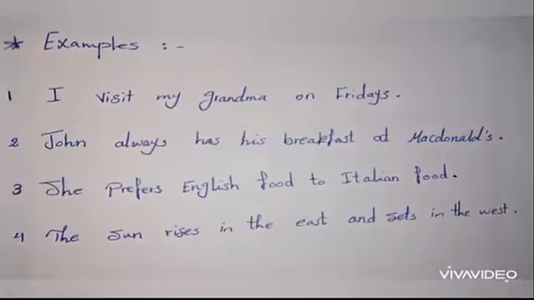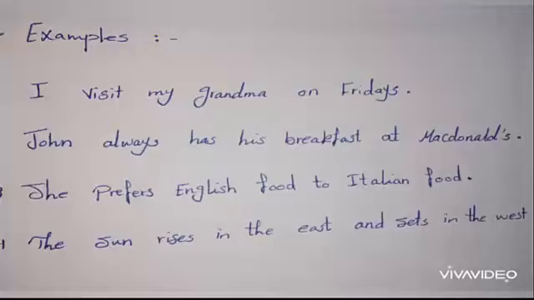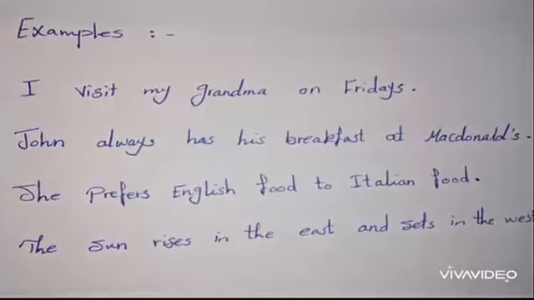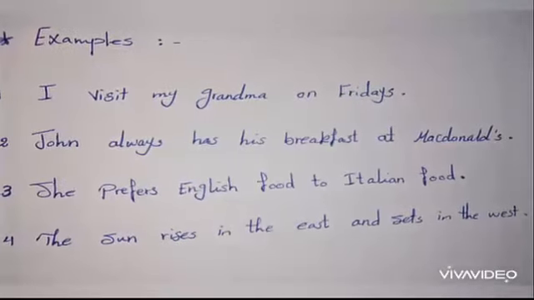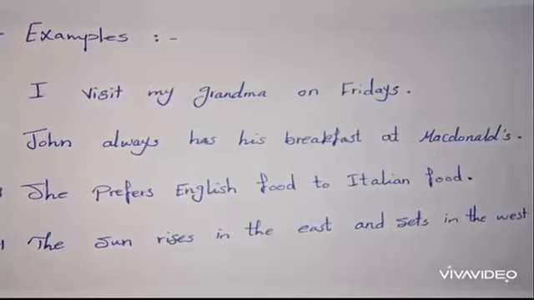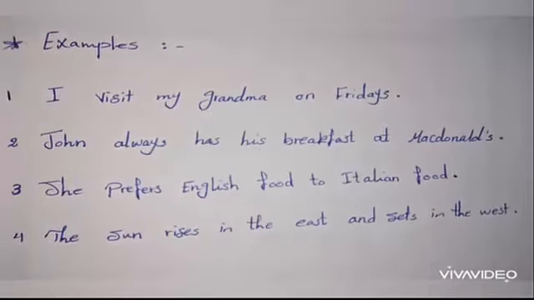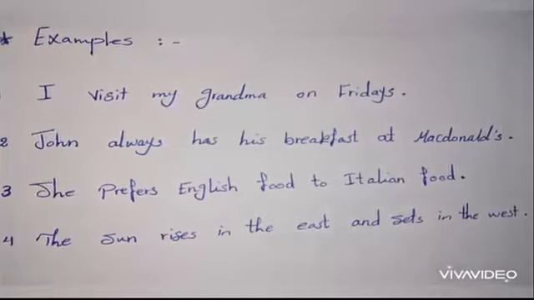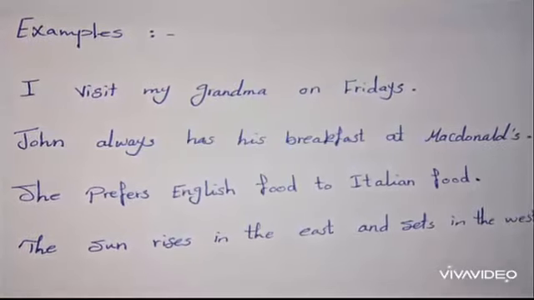It's a habit too. She prefers English food to Italian food. It's a fact. حبك للشيء، تفضيلك لشيء معين، ده حقيقة مسلم بيها في حياتك، ممكن تغييرها ولكن لوقت معين هي بتبقى حقيقة موجودة في حياتك. So we use the present simple tense to express these facts or these preferences or whatever.